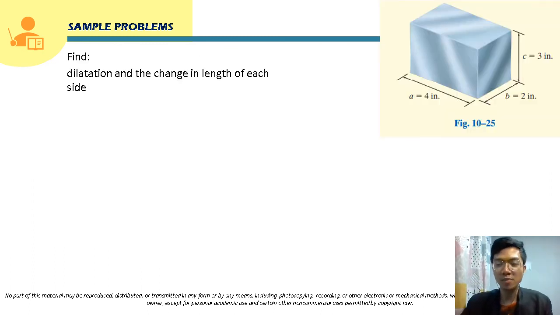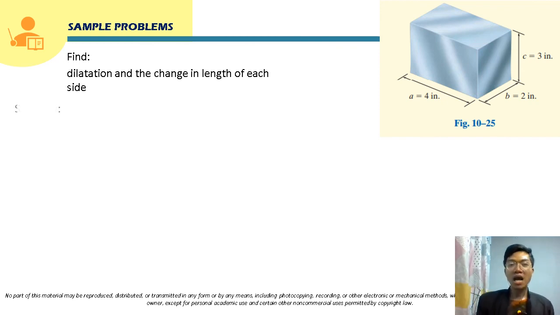For this problem, we are going to solve the dilatation and the change in length of each side. It is mentioned in the problem that this rectangular block is subjected to a uniform pressure P, meaning this block will be subjected to a compressive normal stress in all directions, in X, Y, and Z direction.